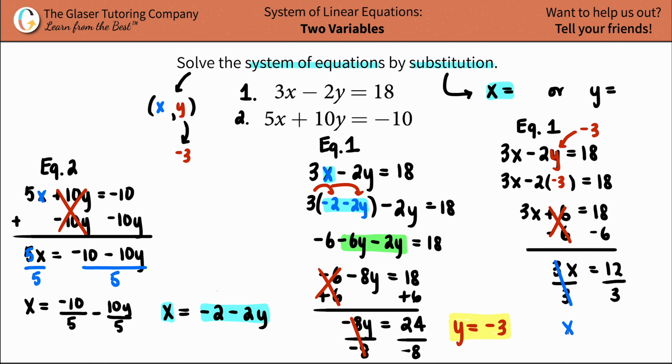And then x equals 12 divided by 3 is 4. And we found the x coordinate. So we have the x coordinate, we got the y coordinate, so we got the ordered pair, and that's the solution. Right? This x is 4. So our solution is 4, -3. And you're done.